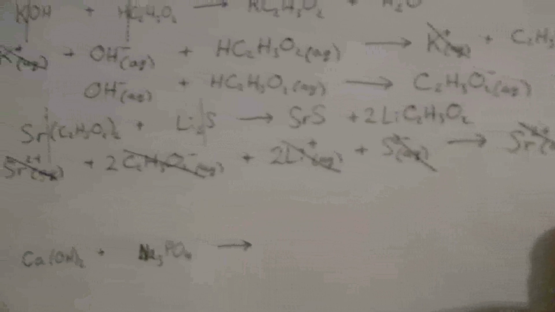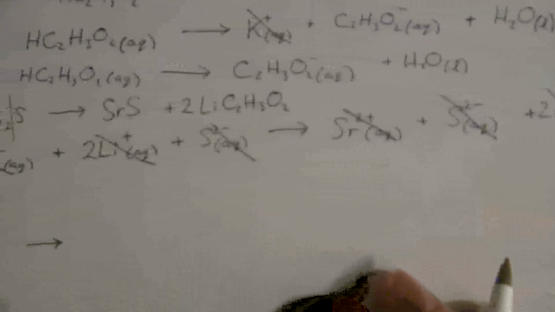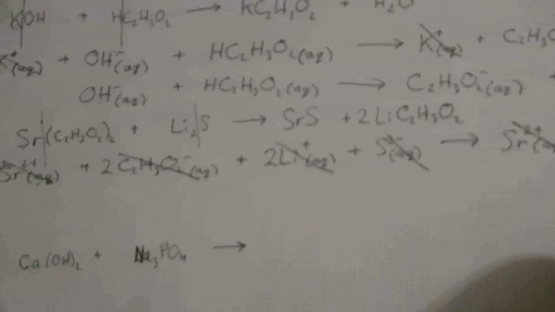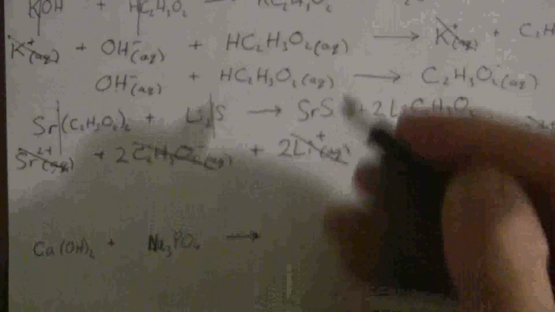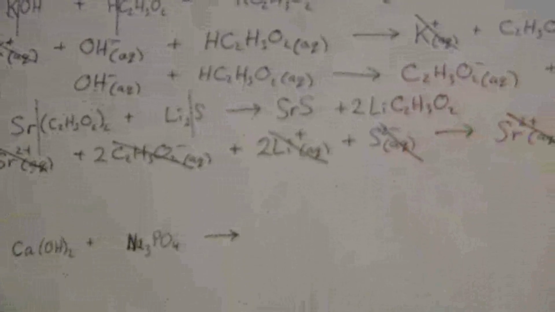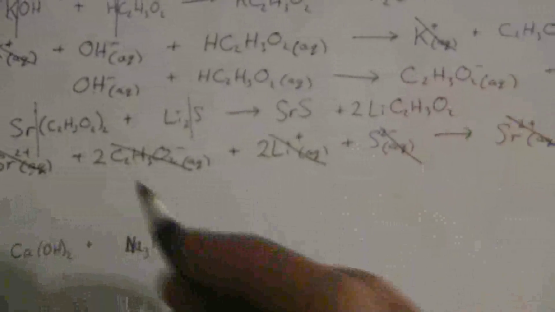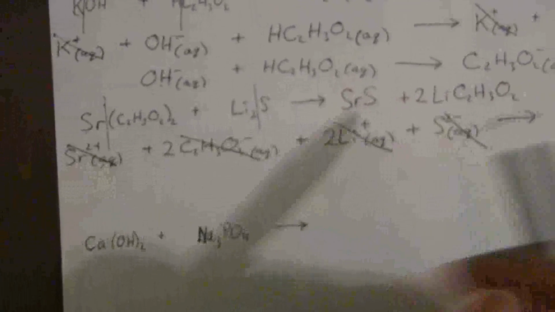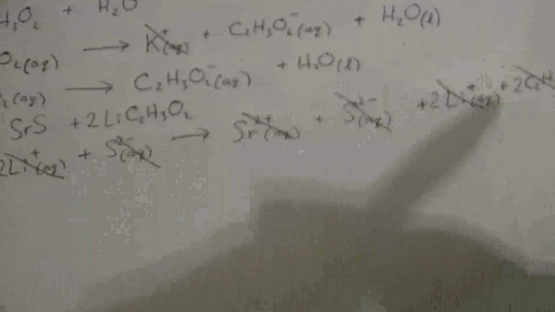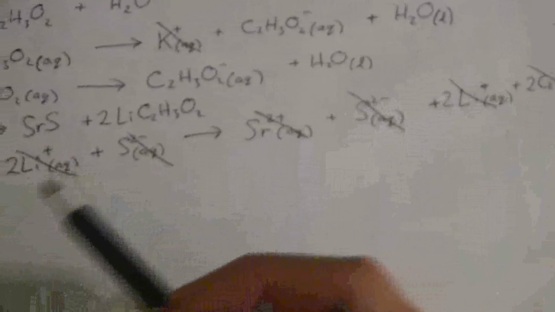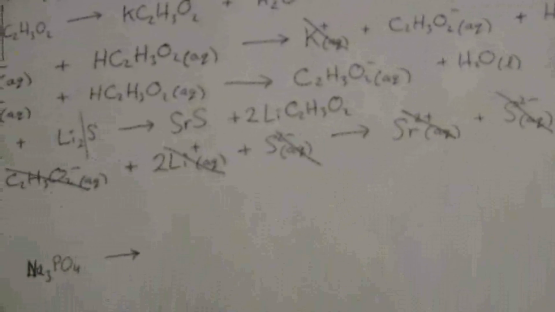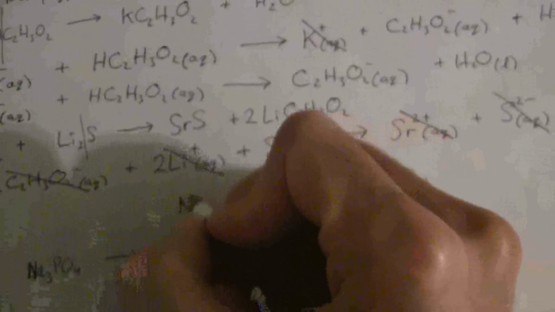Is there anything left? There's nothing left. So we conclude from this that there's no net ionic equation, right? This is a total ionic equation, and everything on the left was just the same as what it was on the right. We canceled out the spectator ions, and everything was a spectator ion. That means there was no reaction.